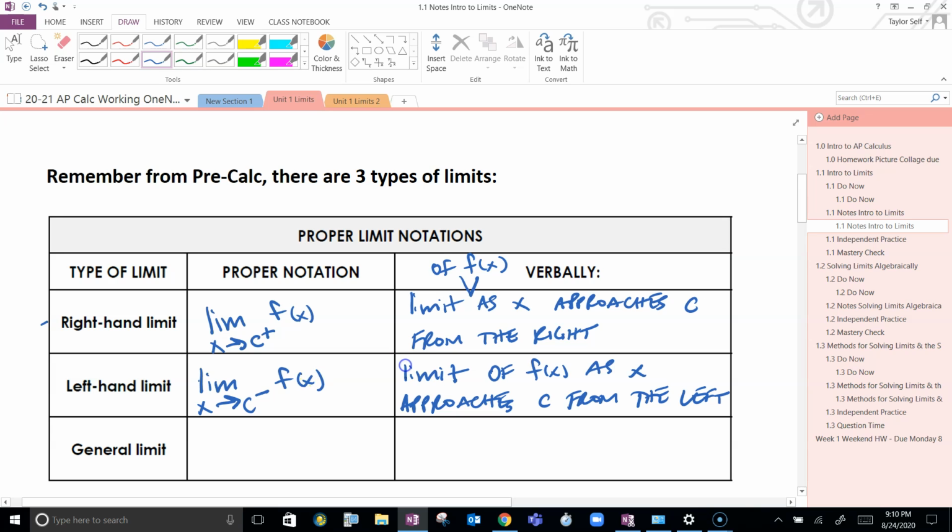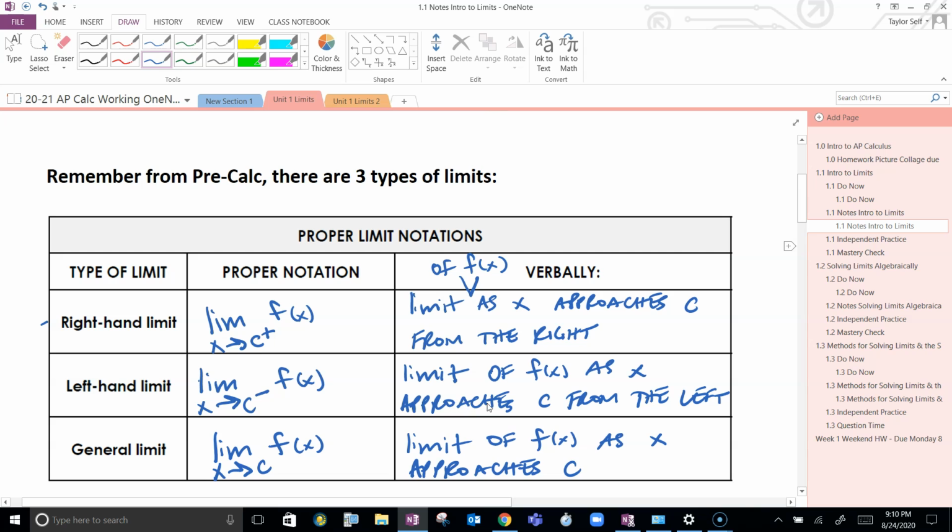And then you have your general or basic limit. So the way that we write the general or the basic limit is limit as x approaches c. So limit of f of x as x approaches c.